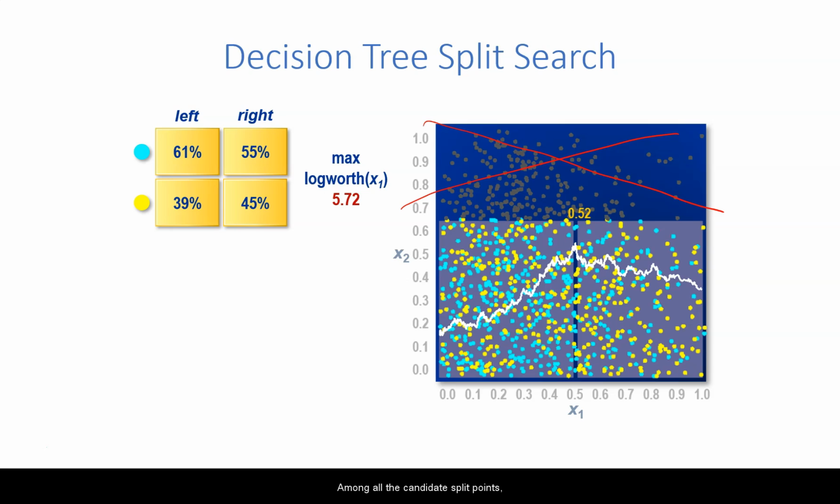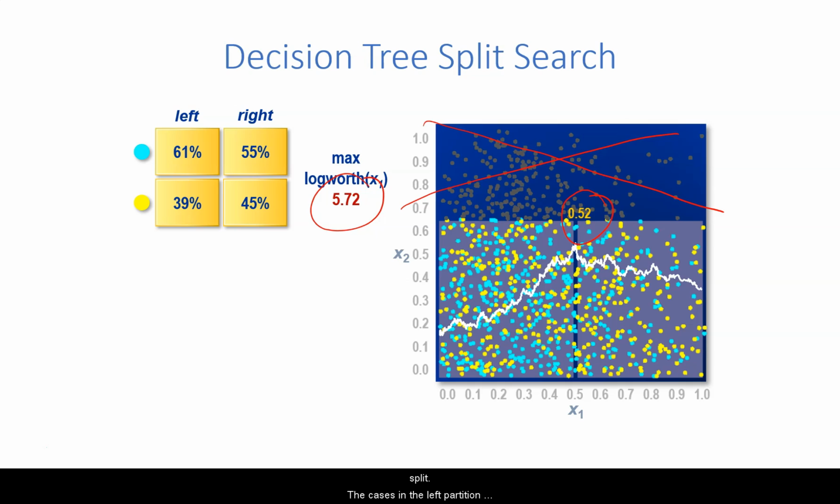Among all the candidate split points, we found that the split x1 equal to 0.52 produces the highest log worth, 5.72. The contingency table shows the class distribution with the split.